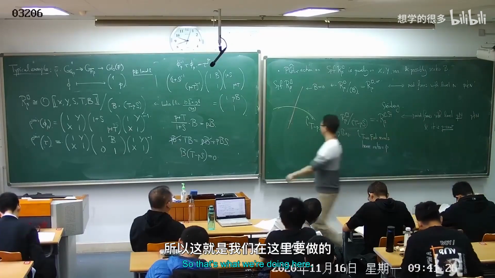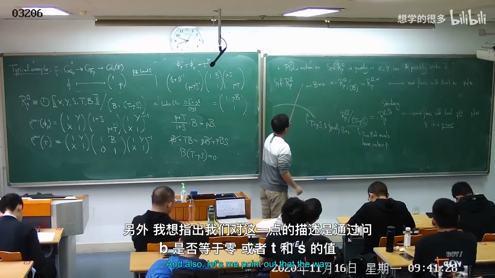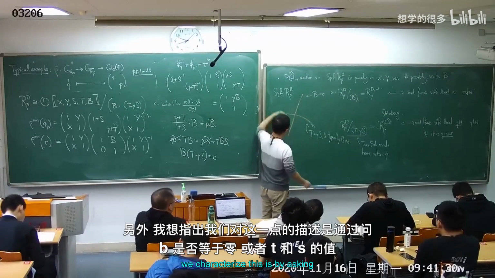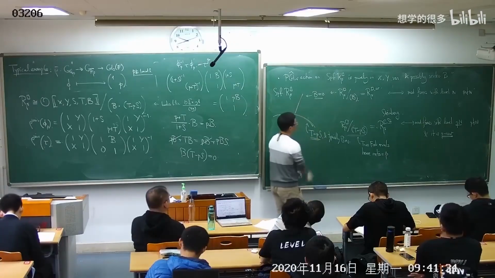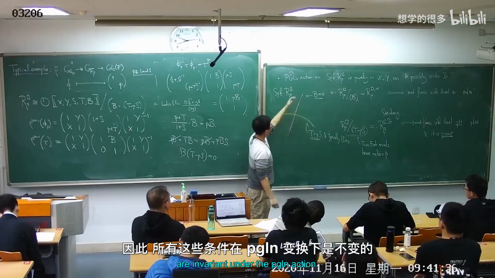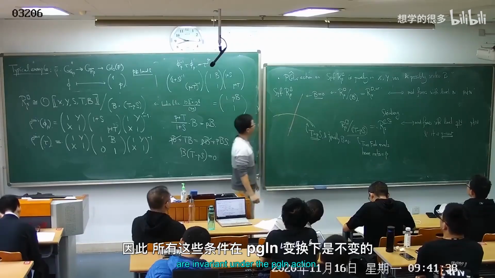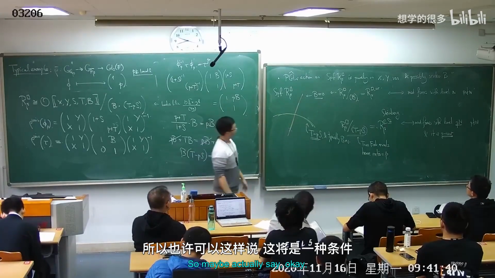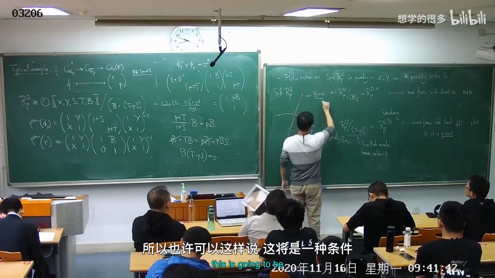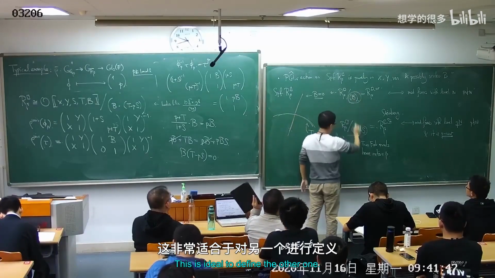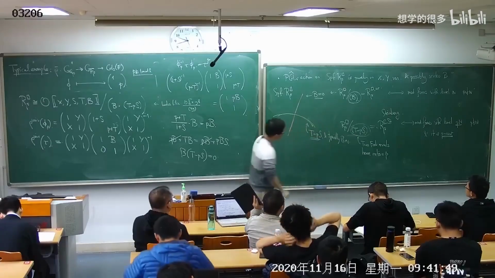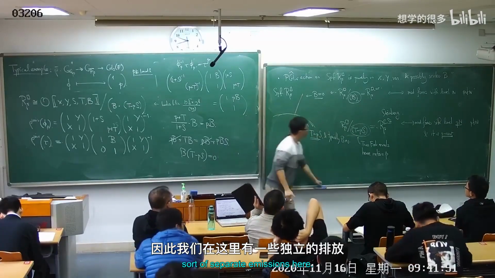So that's what we're doing here. Also, let me point out that the way we characterize this is by asking whether B equals 0 or not, or T and S. All of these conditions are invariant under the PGLN action. This is the ideal that defines it, and this is the ideal that defines the other one. So we have separate conditions here.